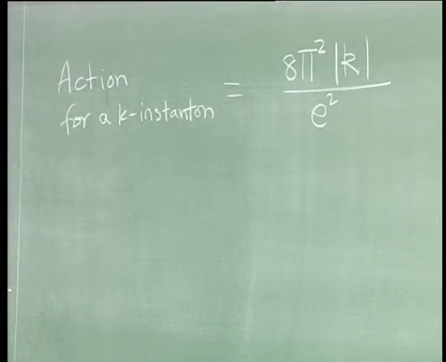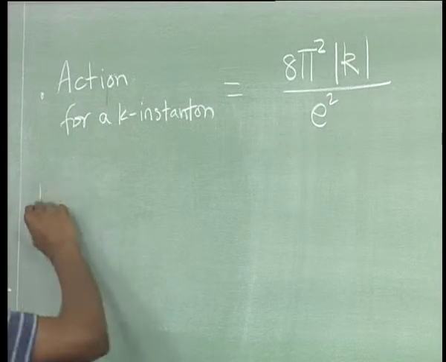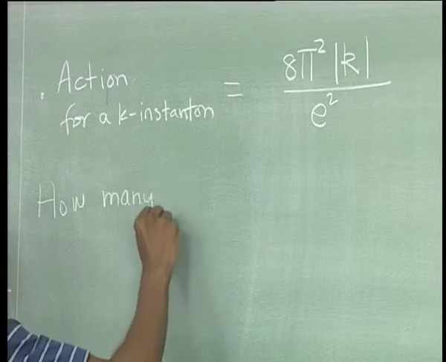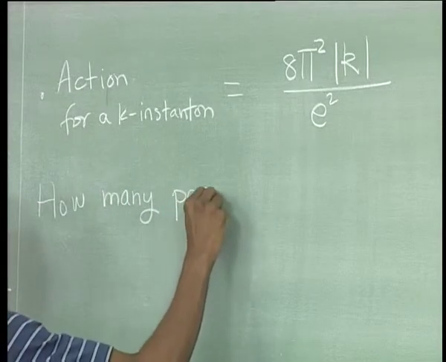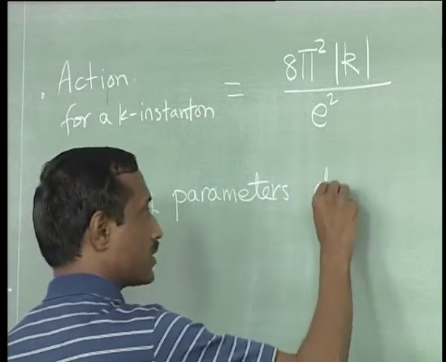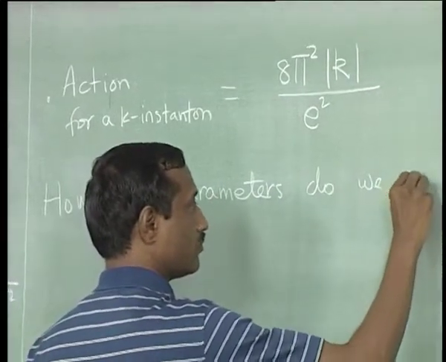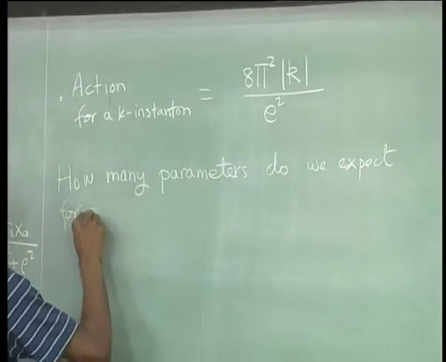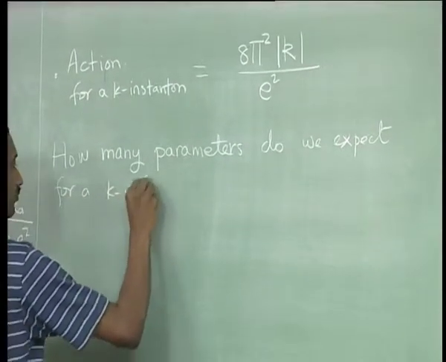This is just an overall multiplicative factor, so it does not change any of our discussion. But the question is, how many parameters do we expect for a k instanton solution.